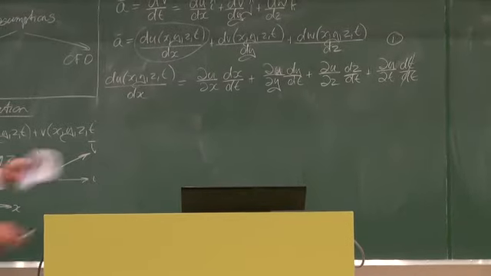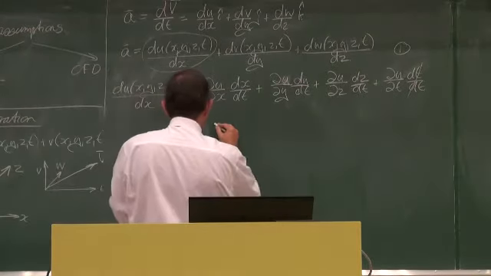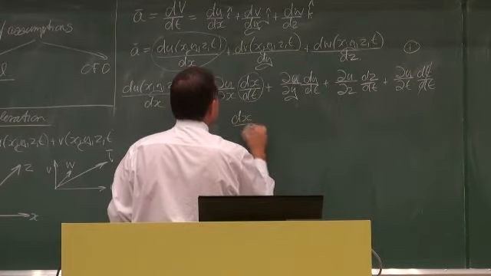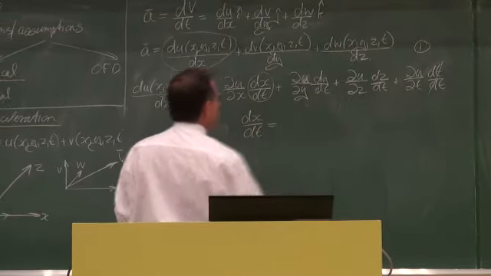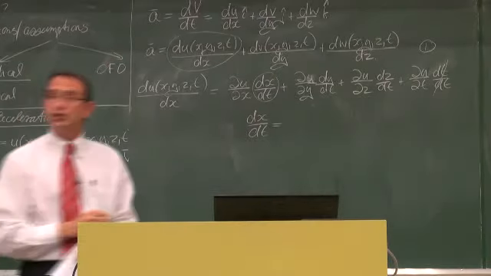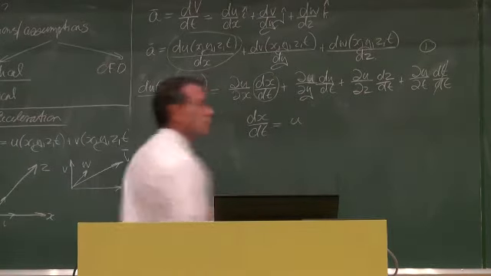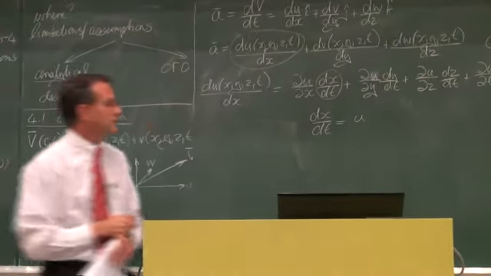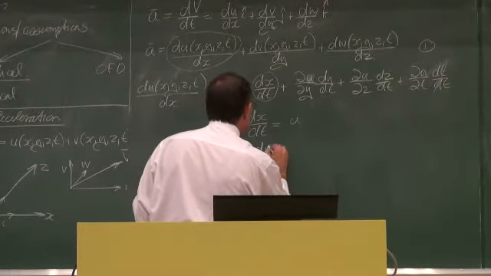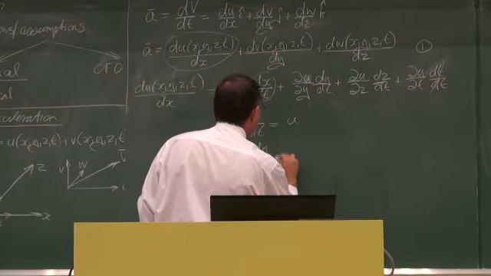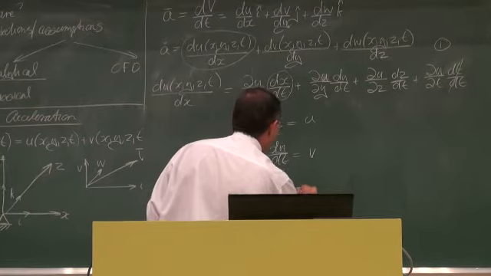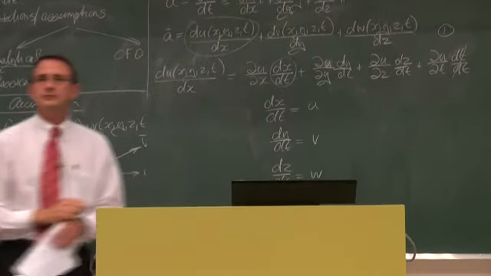Now, by definition, what is dx dt equal to? It is equal to the velocity component in the x direction, u. dy dt is equal to v, and dz dt is equal to w. You agree?